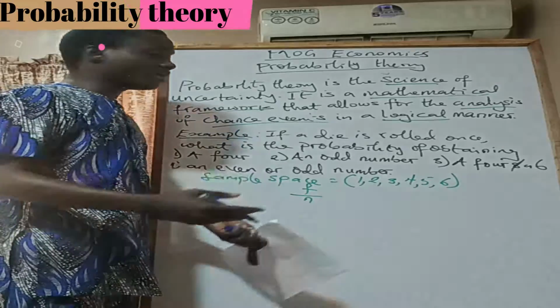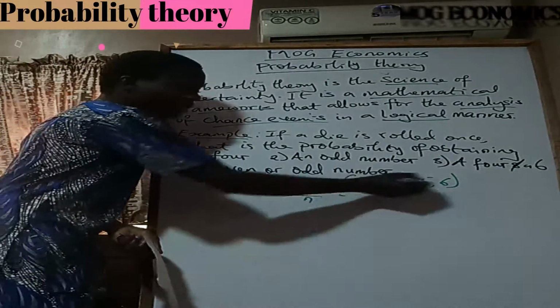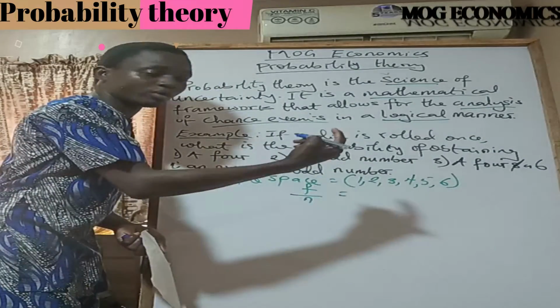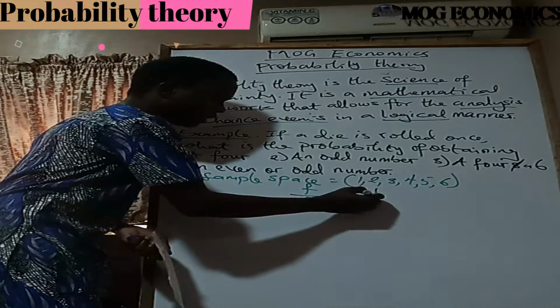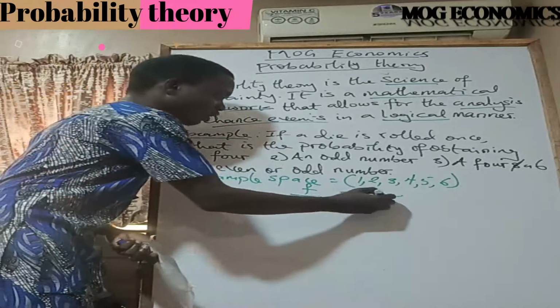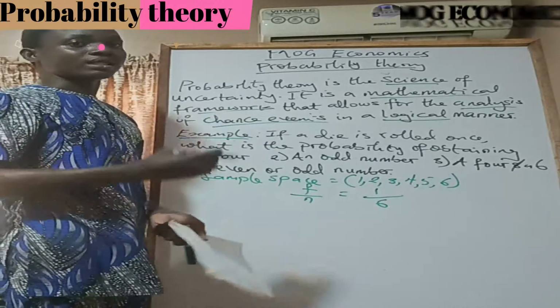Let me say frequency divided by the sample space. Do you understand? So 4 has a frequency of happening 1 time, then divided by how many possible events do you have when you toss a die? 6. So the probability of obtaining a 4 is 1 over 6 if you toss a die once.